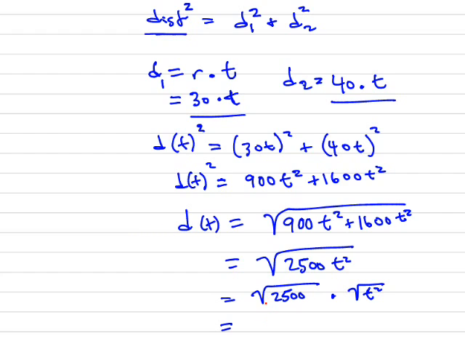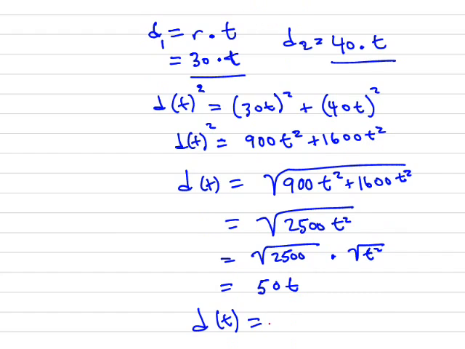The square root of 2500, if you do that on your calculator, is 50, and the square root of t squared is just t. So the distance between those two cars at any point in time t is equal to 50t. So our function in terms of time is 50 times t, where t is at any point in time. Alright, so that's our answer there, and that should do it.